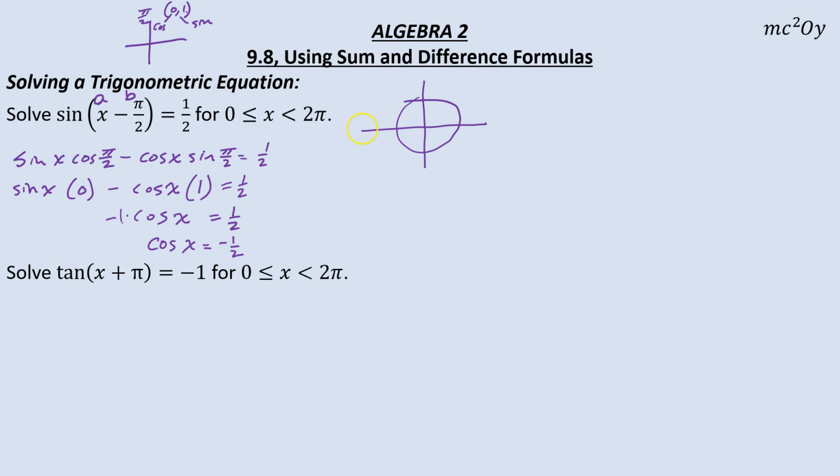Remember, cosine is your x value. So cosine could be negative here, and cosine could be negative in this quadrant here. Cosine cannot be negative over here, it's positive. And here cosine cannot be negative, it's positive over here. So we can't use this area, can't use this area, it has to be over here.